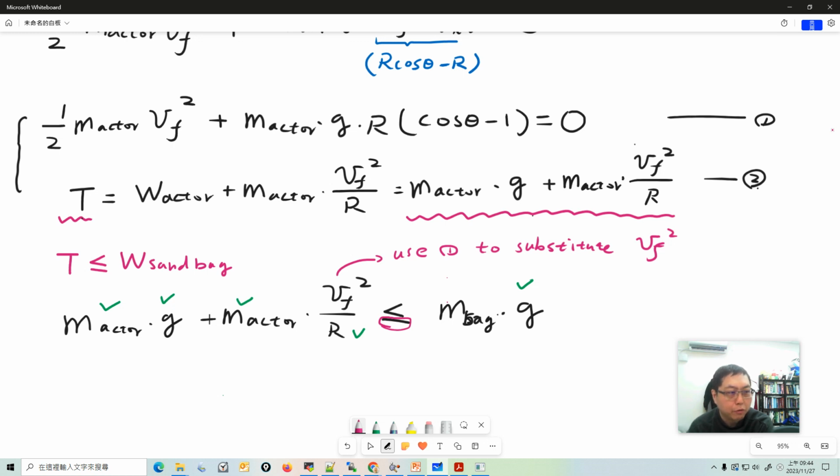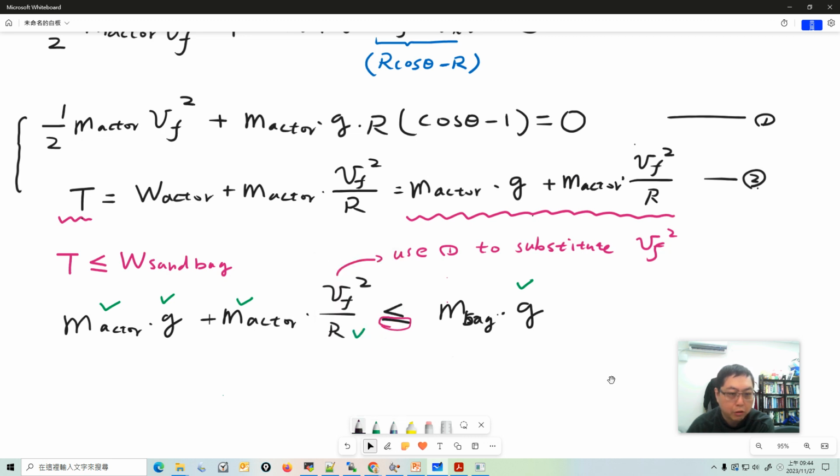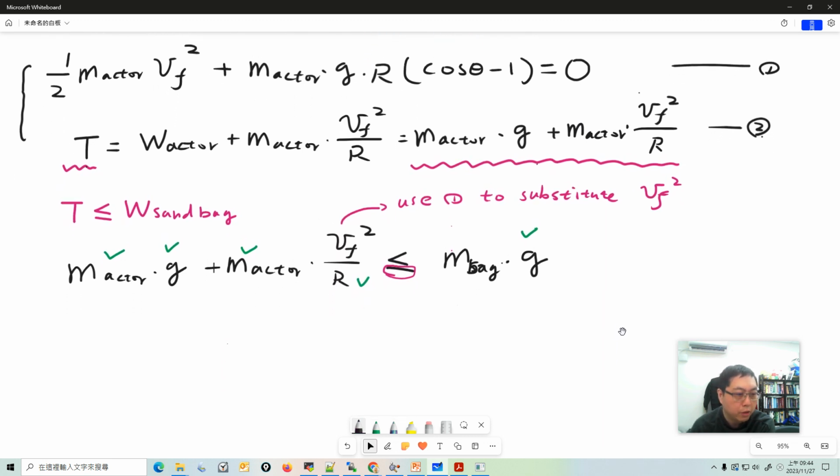But if you just substitute vf square directly, that would be too complicated. I want to make the substitution much easier, so from one we can do a little trick.